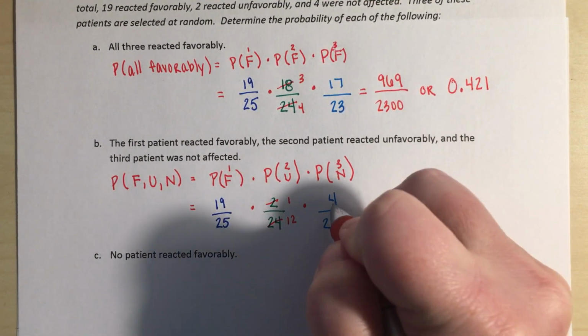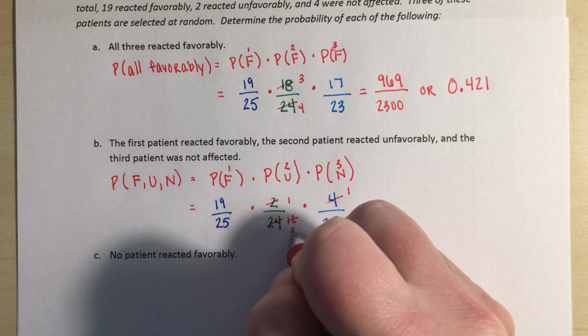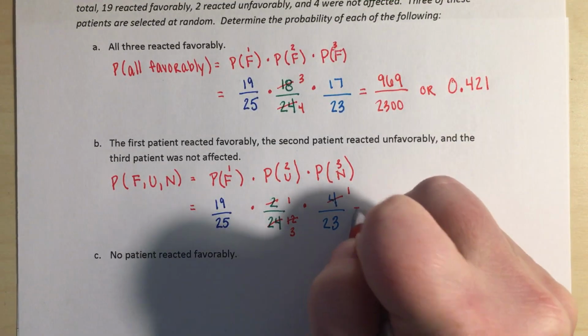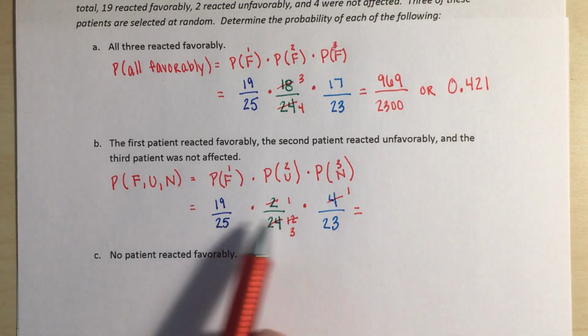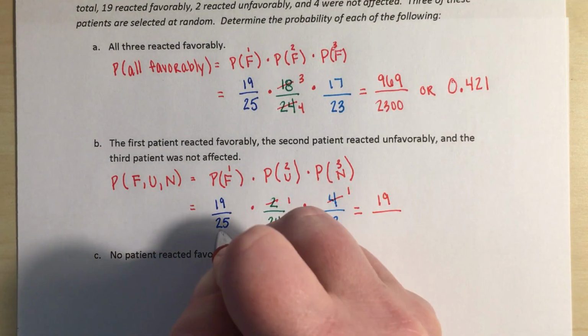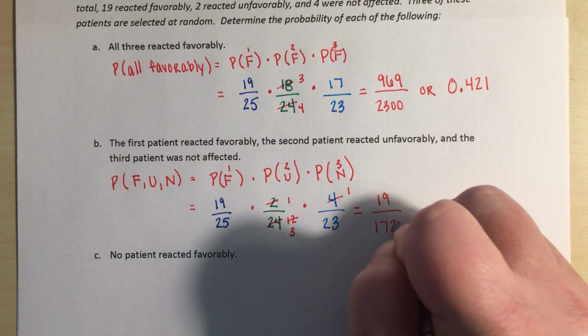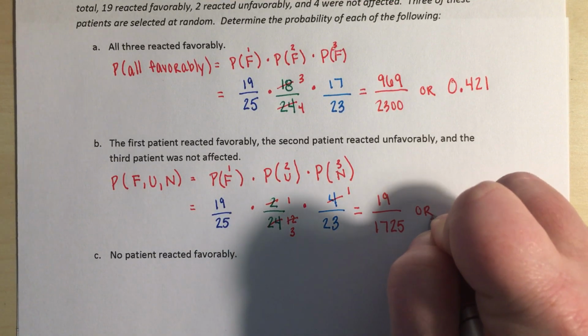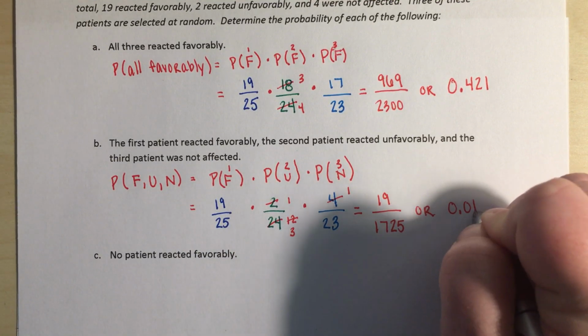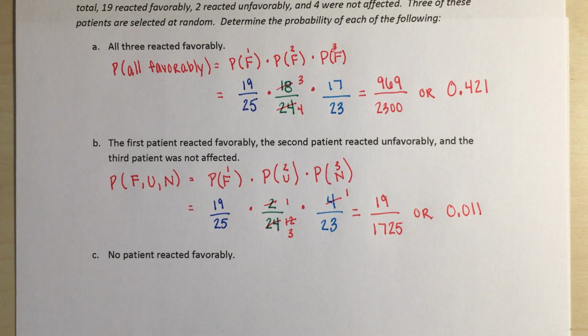Both of these are divisible by 4. 4 divided by 4 is 1. 12 divided by 4 is 3. And then we're just going to multiply what we have left. 19 times 1 times 1 gives us 19. 25 times 3 times 23 is going to give us 1,725, or 0.011. So about a 1% chance that the first patient reacted favorably, the second reacted unfavorably, and the third patient was not affected.